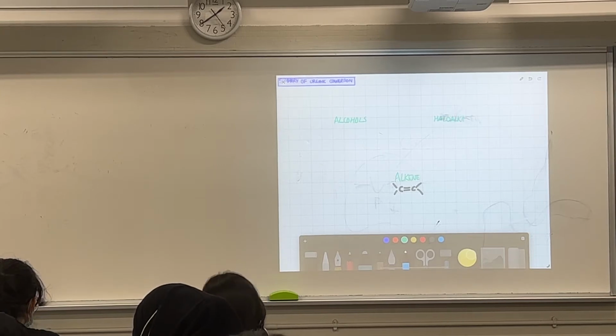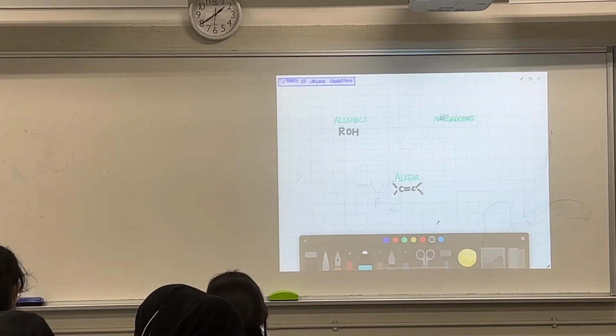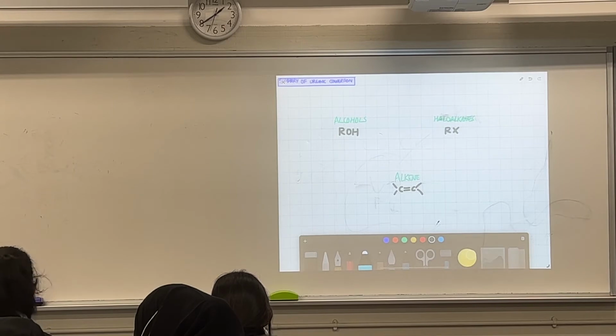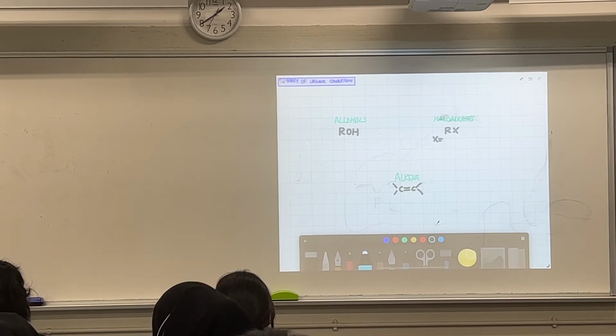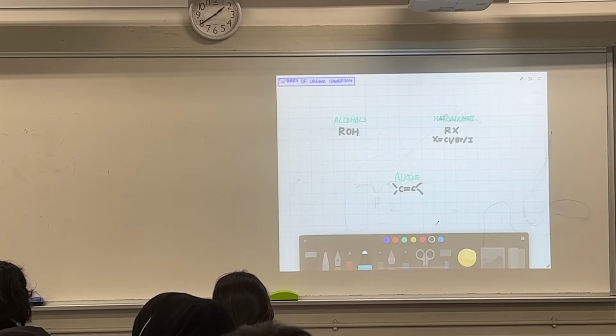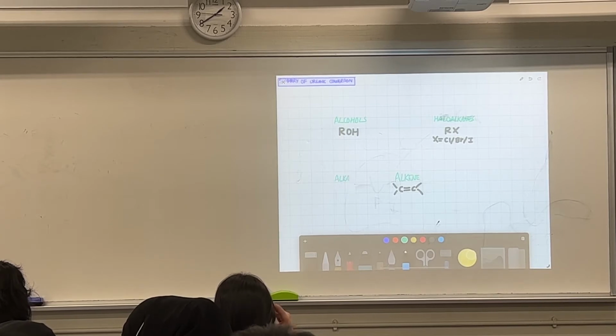Write down the formula here: ROH for alcohol and RX for haloalkane, where X can be anything from Cl to Br or I. Alkenes can also be converted back into alkane.